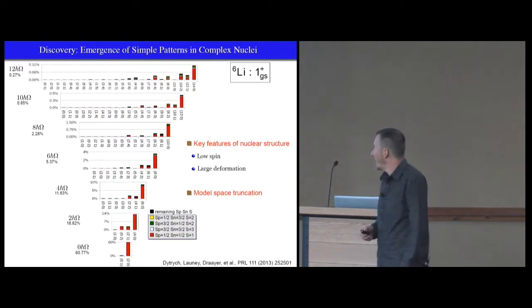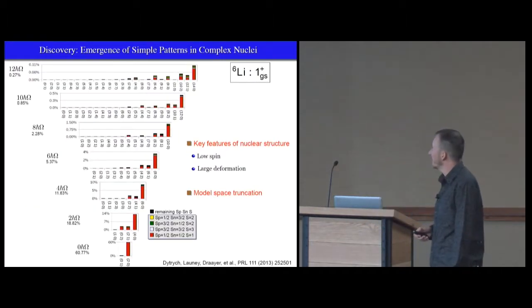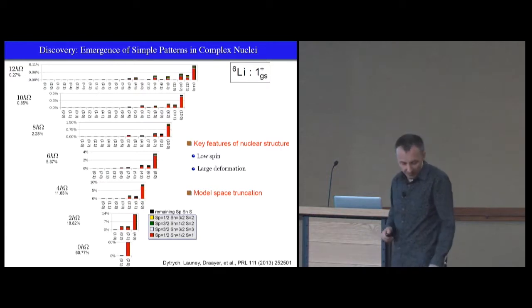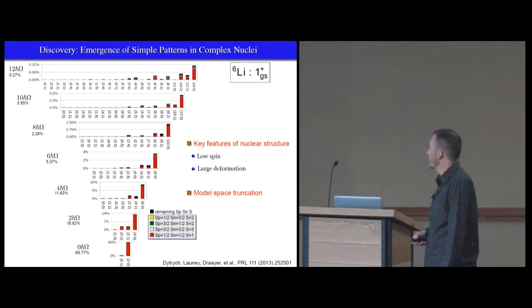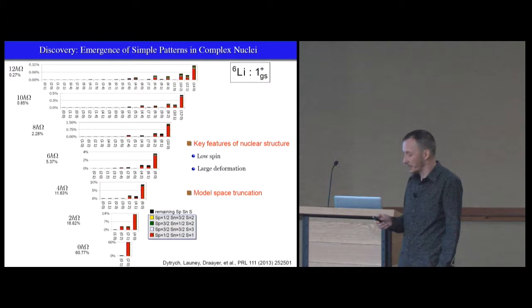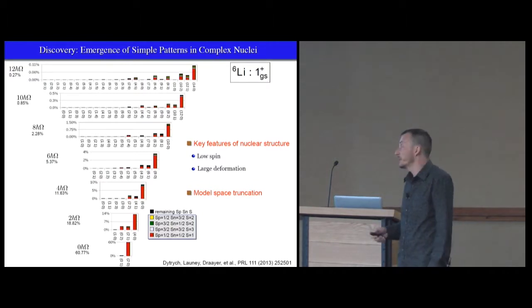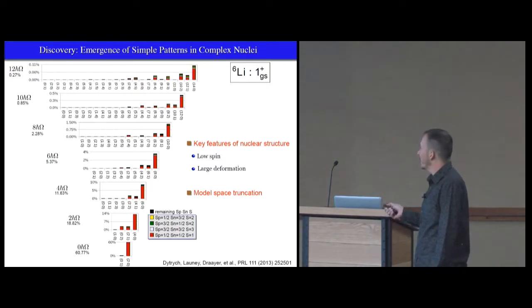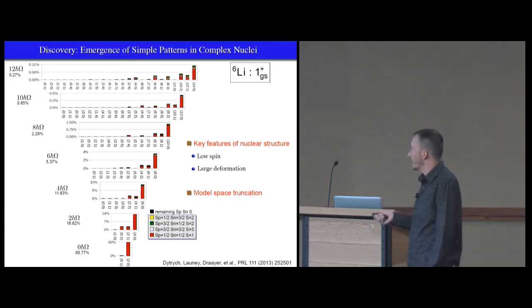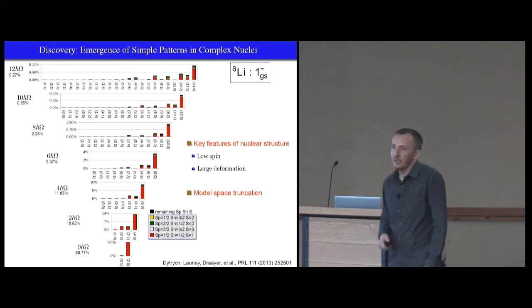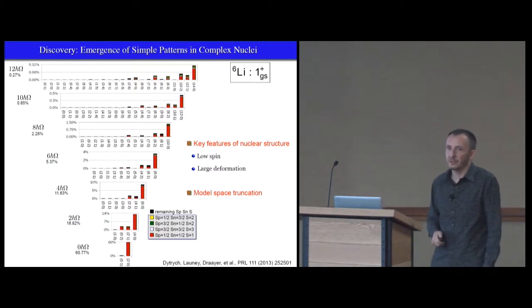And this is one of the highlights of our results. This is the emergence of important configurations in nuclear wave functions. So this is the ground state of lithium-6. The different colors correspond to different spin components. But what you see is that the wave function plotted here is absolutely dominated by just a single color. That means that only one spin component is dominant.